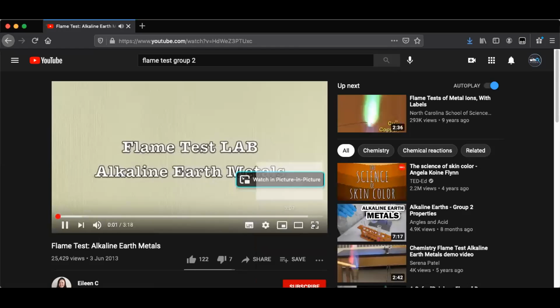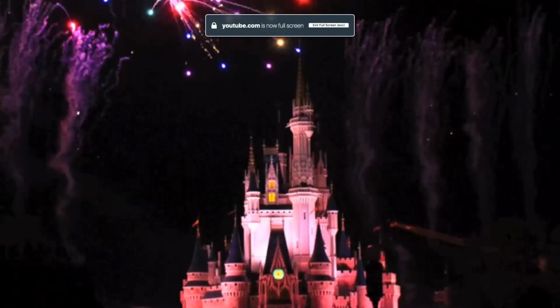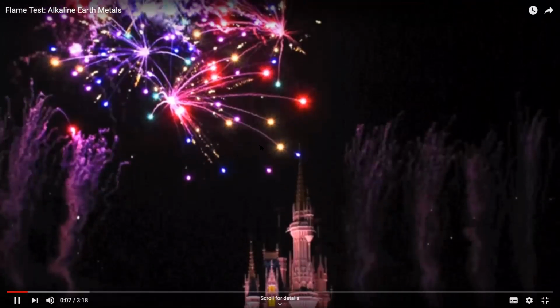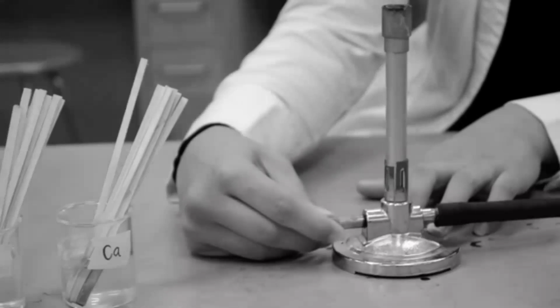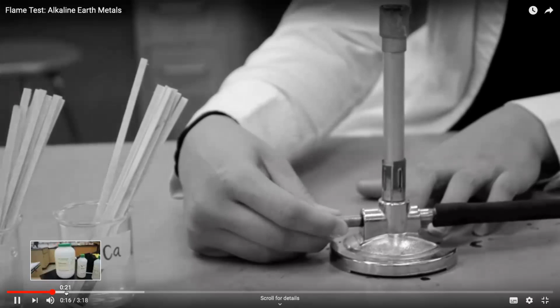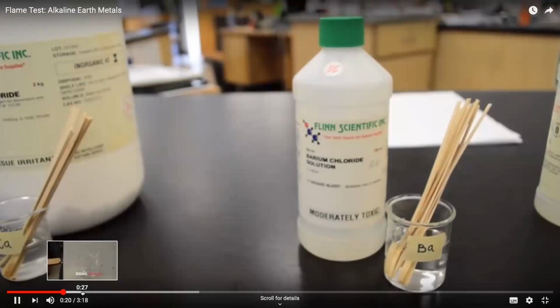Certain alkaline earth metals are used in firework displays and produce colorful, vibrant lights when ignited. On a smaller scale, the Flame Test Lab allows a visual representation of the characteristic flame colors these metals emit. The three metals we will use in our flame test are calcium, strontium, and barium.